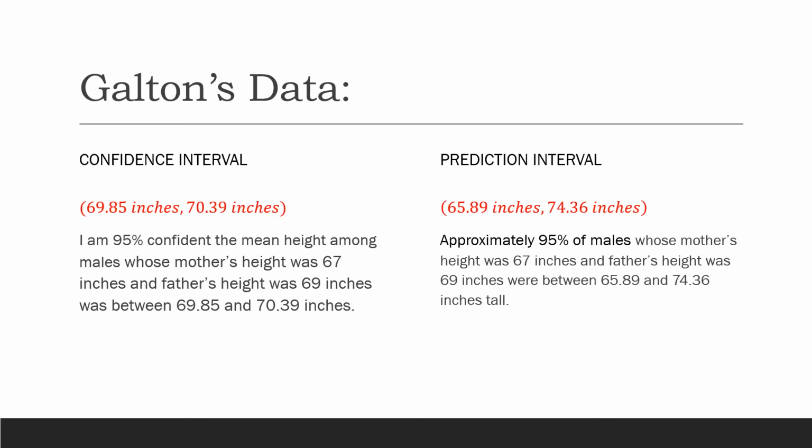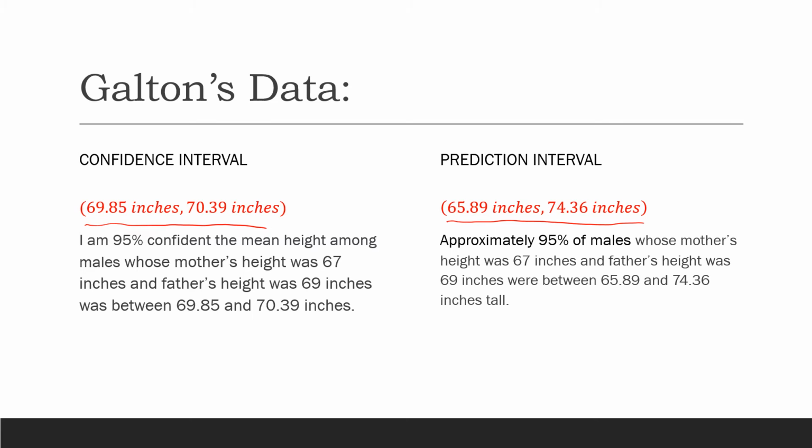Comparing the confidence interval and the prediction interval that we made, we can see that the confidence interval is quite a lot narrower compared to the prediction interval. And they're interpreted differently. With the confidence interval, I'm 95% confident that the mean height among males whose mother's height was 67 inches and father's height was 69 inches was between 69.85 and 70.39 inches.